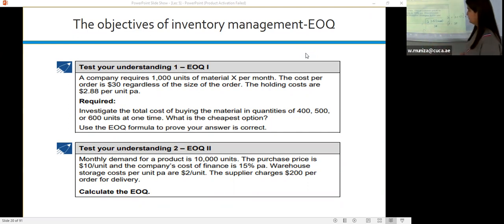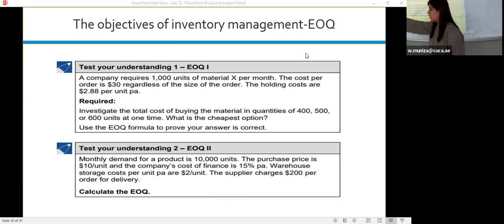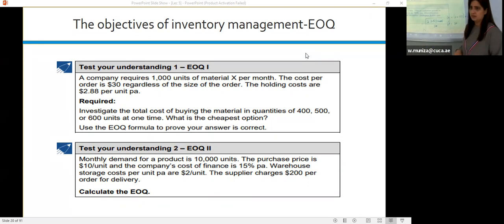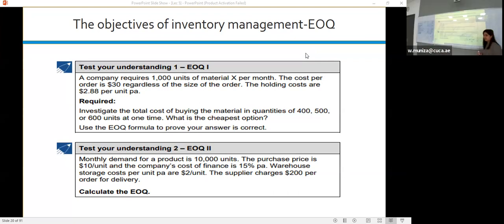Cost of ordering is 200 per order, not monthly. So 2CoD divided by Ch, where cost of holding is 3.5. The answer is around 3705.